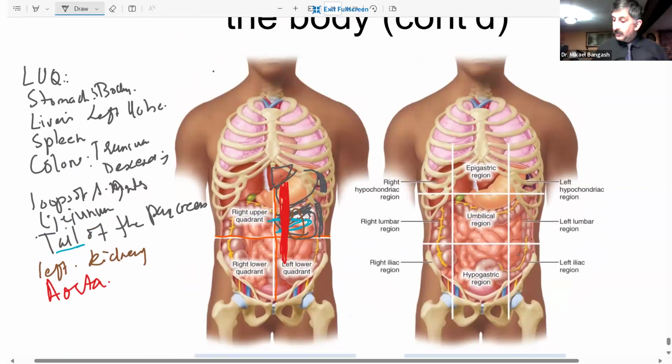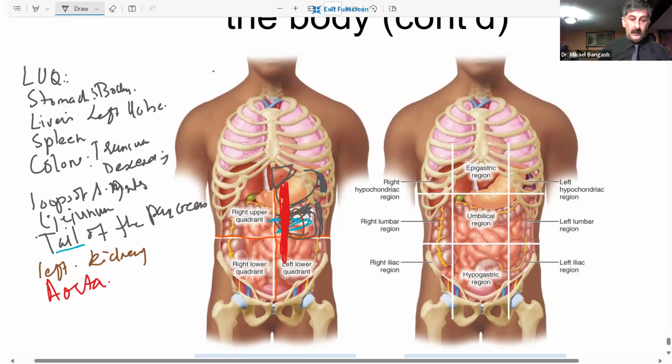Okay, if you go in your book, you may see it's on figure 111 and figure 112. In figure 111, most of the loops of your small intestine are removed. To make it visible, where it's lying up against the posterior wall of your upper left quadrant, it's visible in figure 112.